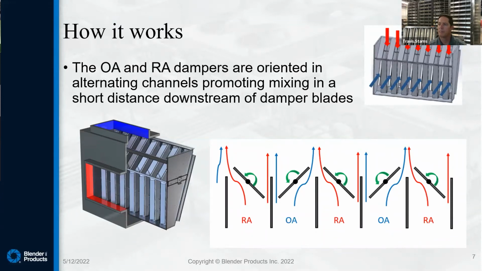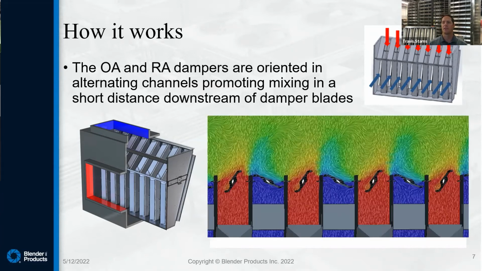When those damper blades are in a control or modulating position, they create a micro collision. And so really what we do is we promote transfer in a relatively short amount of time and a short amount of distance. So when I say short amount, if you look at that damper blade, we typically need around 8 to 12 inches downstream of that damper blade to raise that minimum temperature above a freeze stat.